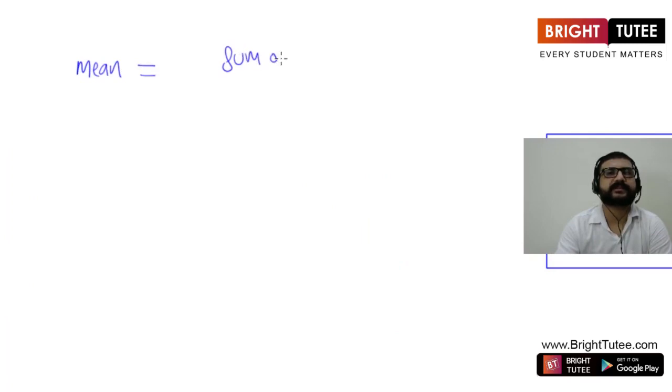In this session we have seen questions based on arithmetic mean. We can simply write it as mean, and mean is equal to sum of the observations divided by number of observations.